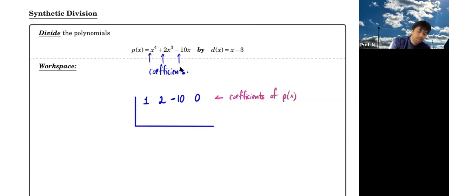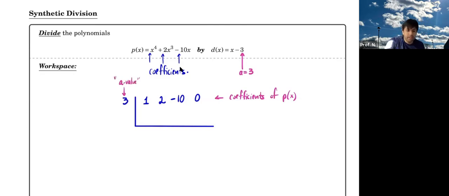Now what's going to be placed on the outside, to the left, is going to be that constant. My a value here is 3, so I'm going to put 3 here. So what is 3 again? 3 represents the a value, quote unquote.